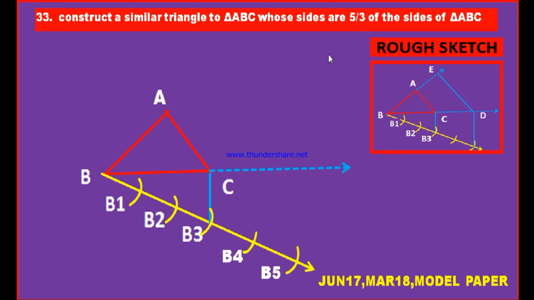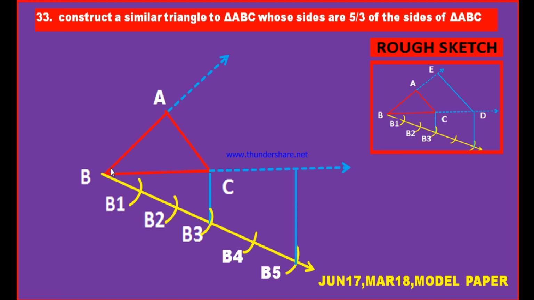Verify the denominator is 3. Then join the third point to the vertex C. Now come to the numerator 5. If 5 is the numerator, then draw a line passing through the fifth point, that is B5, and parallel to B3C. Then this is the line. This line may meet the extension of BC at a particular point.